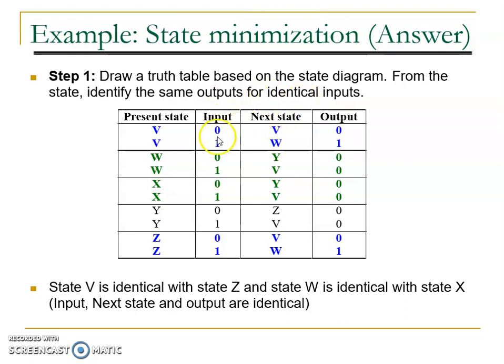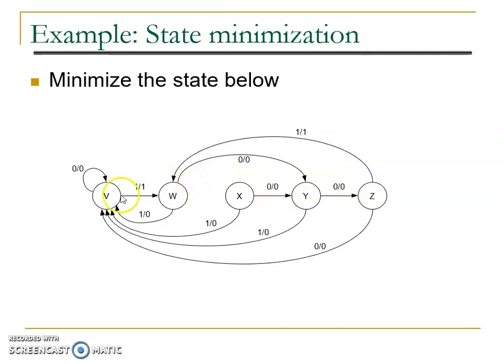Okay, for state minimization, don't change V, W, X, Y, Z to bits because it's quite difficult. So just draw the truth table using states V, W, X, Y, and Z, instead of the 5 states compared to 000, 001, 010, 011, and 100.